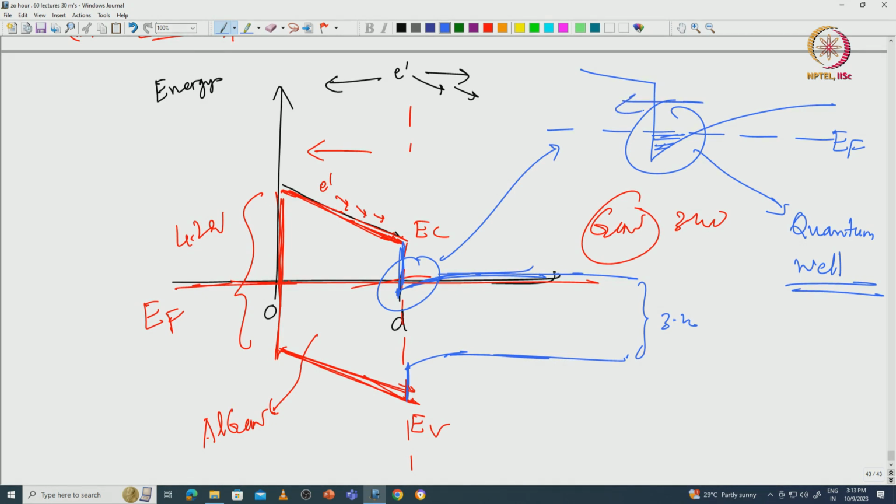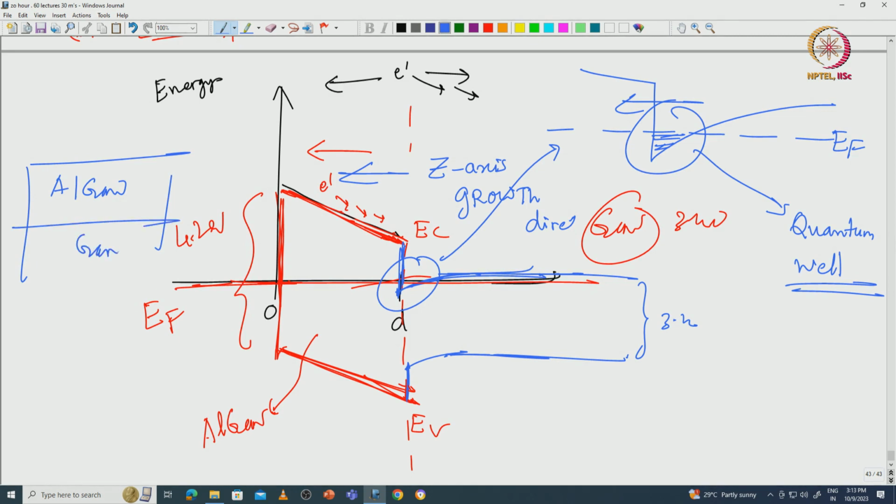This direction is, by the way, the z axis or the z direction, which is the growth direction. You are basically growing the crystal in this direction. Remember, this is your Elgin and this is your GaN. So you are growing the material in this direction, which is precisely the growth direction.